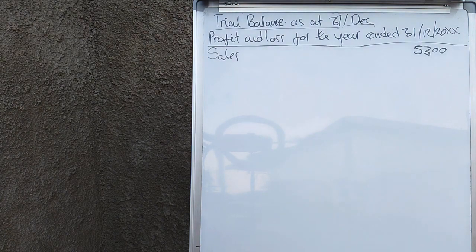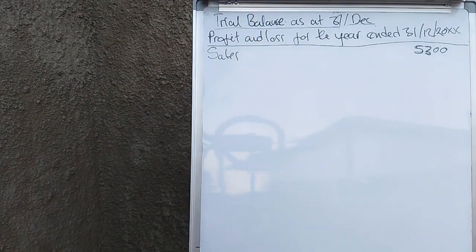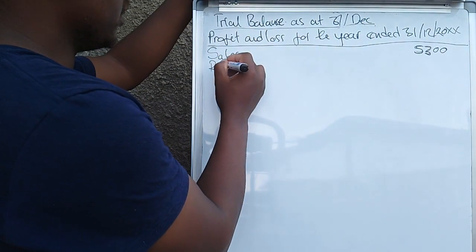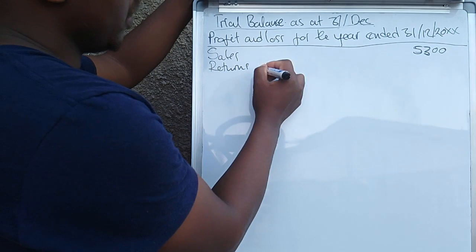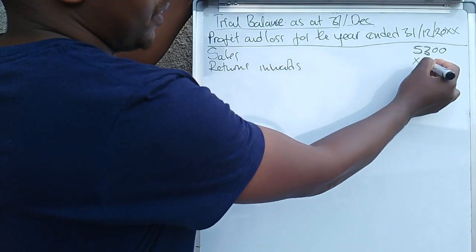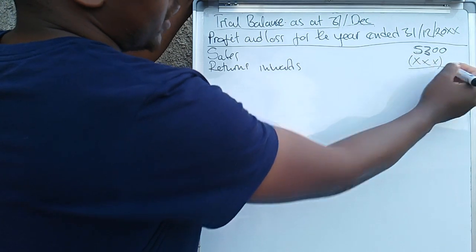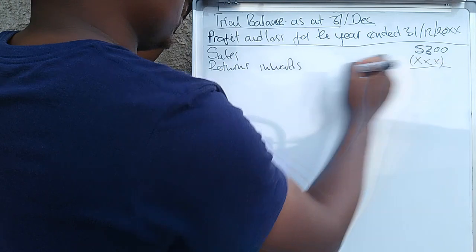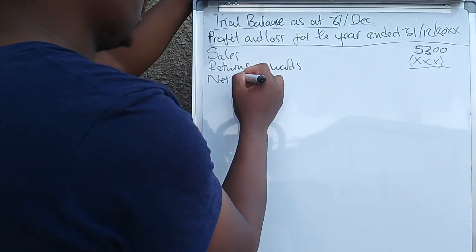Okay, if we have returns inwards, we deduct returns inwards from the sales and write a figure. If we have returns inwards, we'll put it in this way: returns inwards, and deduct it from there. Then the figure that we get is called net sales.